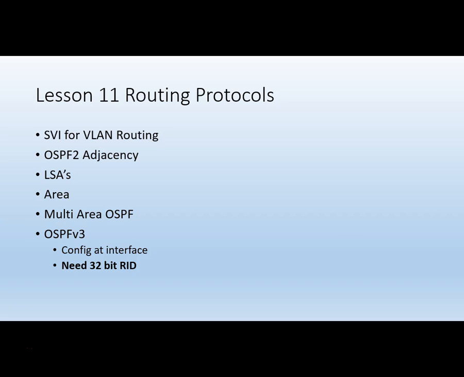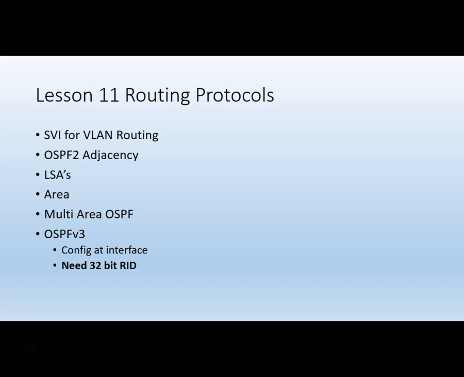The first area has to be 0, and we allow all of the routers within an area to communicate with each other. We have an area border router between areas, if we have multiple areas, that will allow communication between the two areas.